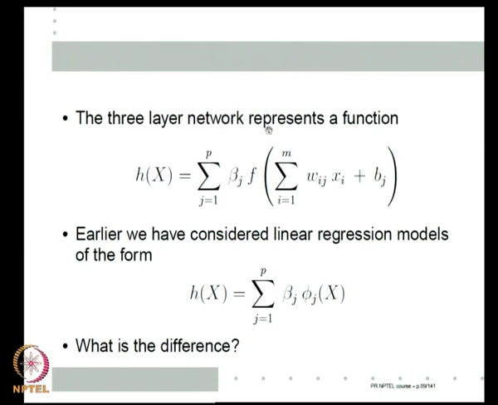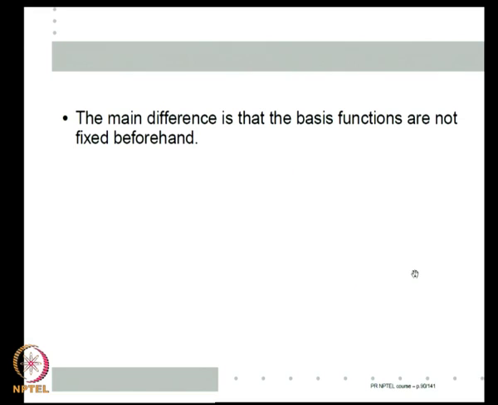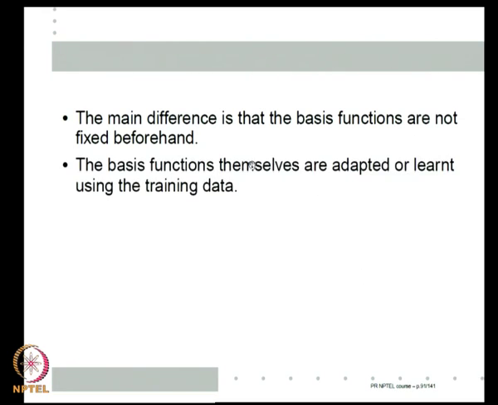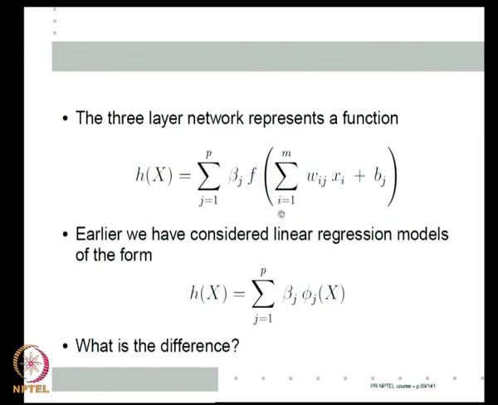Whereas here the w_ij's and beta j's are learned from the data. So, it is effectively as if I am learning the phi j's needed using the data, right. So, the difference is that the basis functions are not fixed beforehand. The basis functions themselves are adapted or learned using the training data, right.